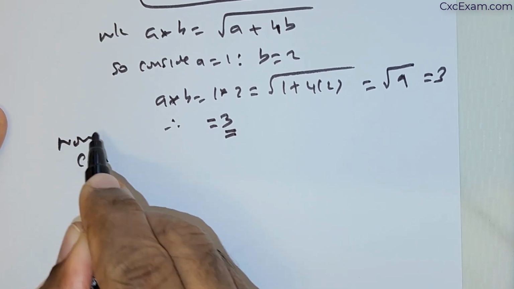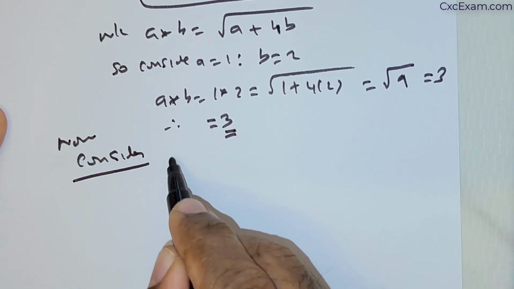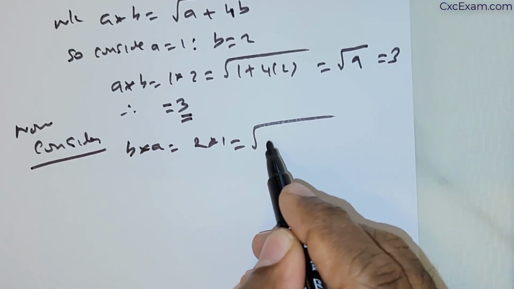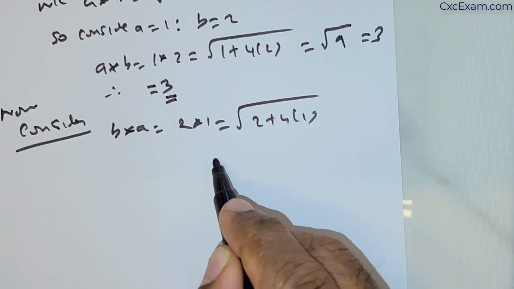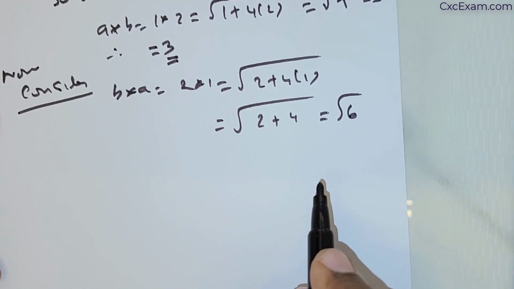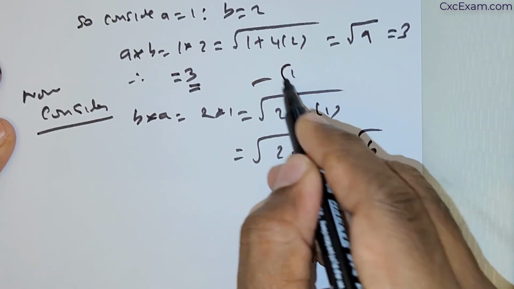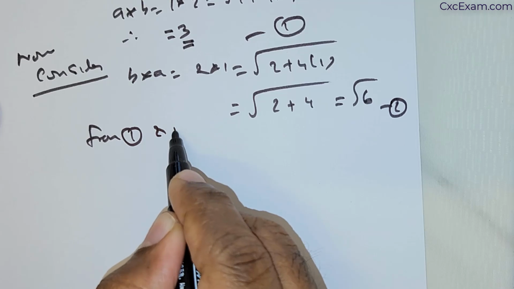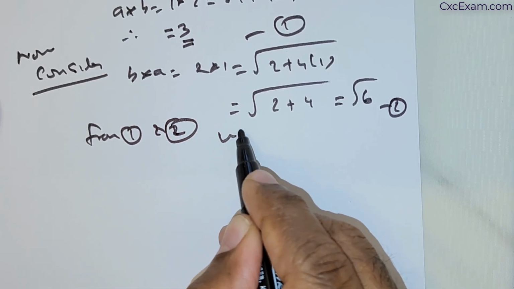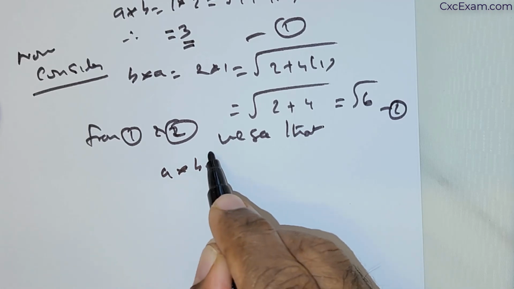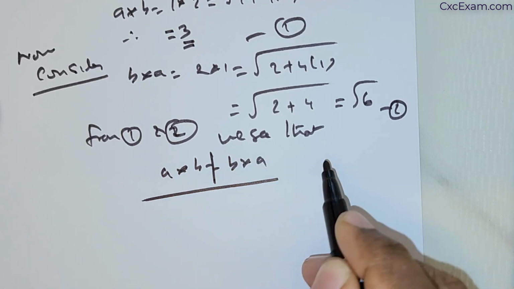So now consider b star a. In this case 2 star 1, which is equal to root of 2 positive 4 times 1, which is root of 2 positive 4, which is equal to root of 6. Okay, if I take this as 1 and this as 2, from 1 and 2 we see that a star b is not equal to b star a.